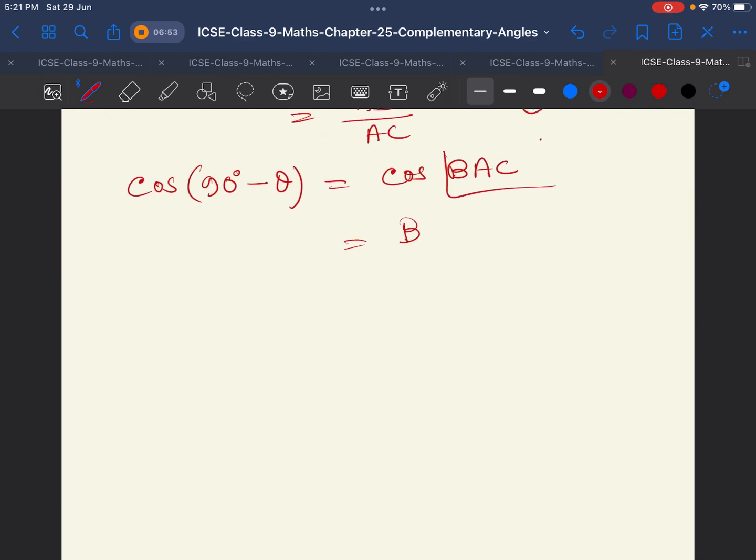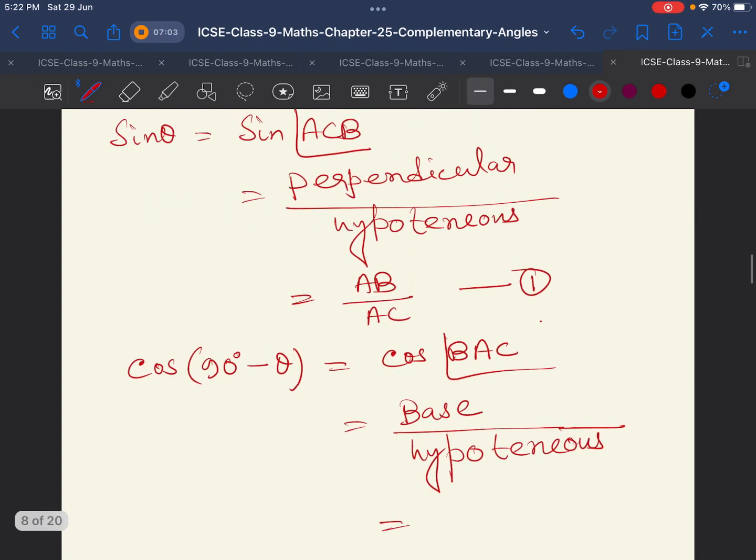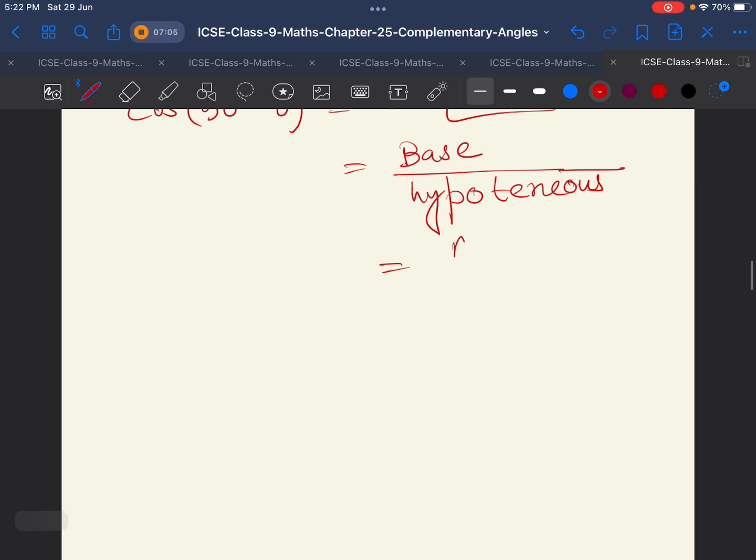We know cos theta equals base by hypotenuse. So here base is AB and hypotenuse is AC. This is equation 2.